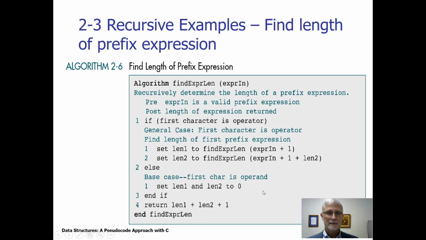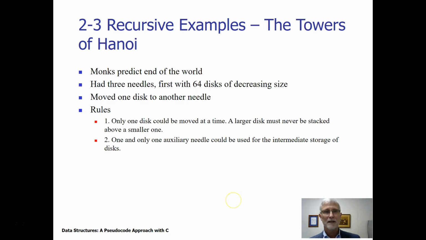So you can see a general case and a base case, but this example also shows you I don't have to have the base case as the first part of my algorithm. Here you have your general case followed by your base case. But in either case, that base case has to shorten the problem set, and then the general case calls the function again and keeps repeating.